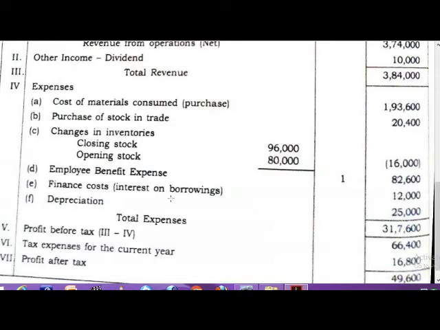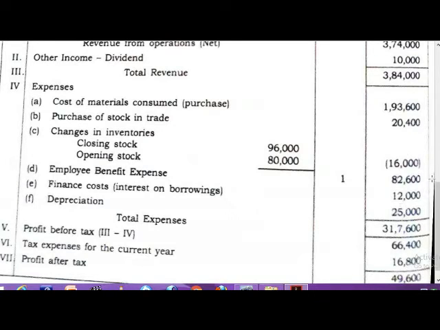And the total of these expenses is 3,70,600. Then next we calculate profit before tax. How can we calculate profit?